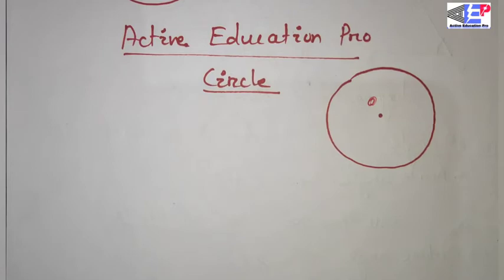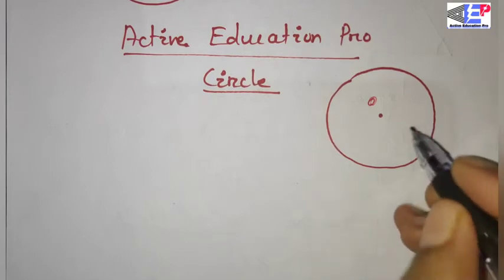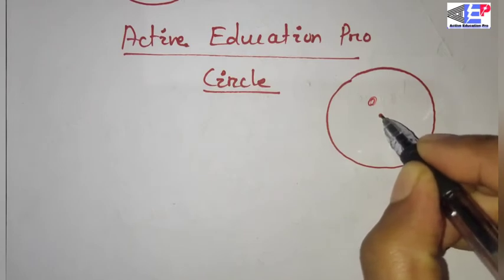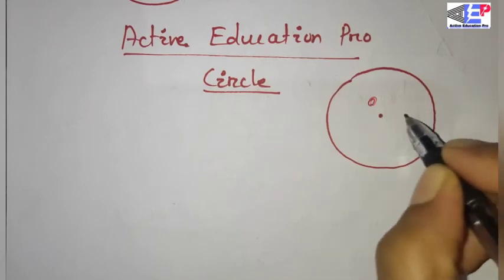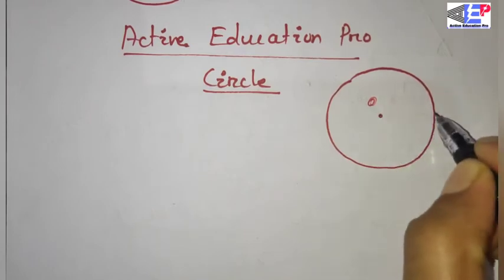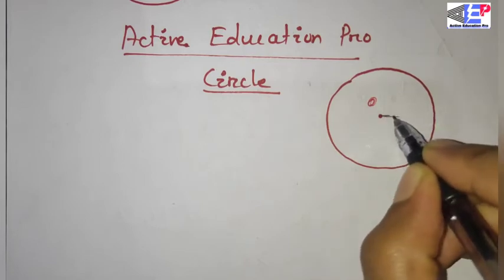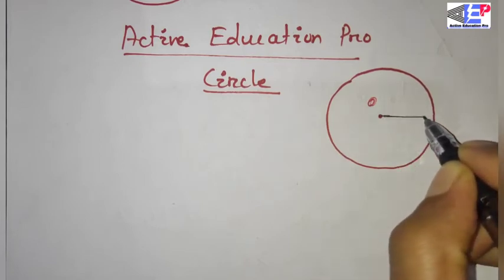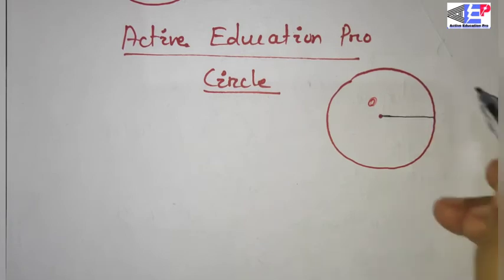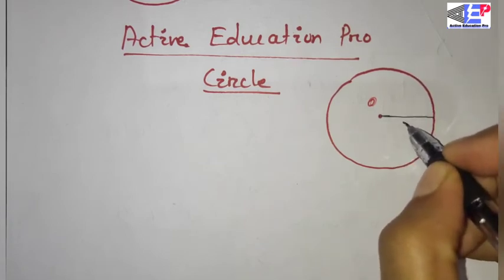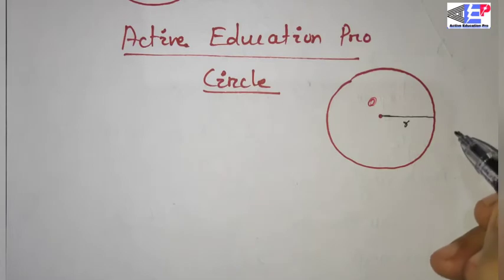And the next thing, radius. Radius means any line segment from the center to one of the points on its perimeter. When you join the center to any point on the circumference, this is the radius, which is denoted by small r.